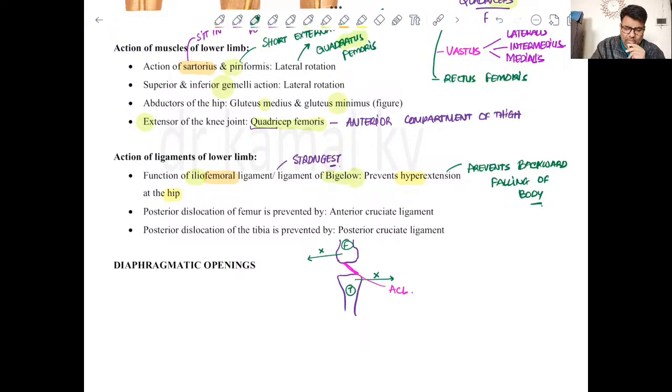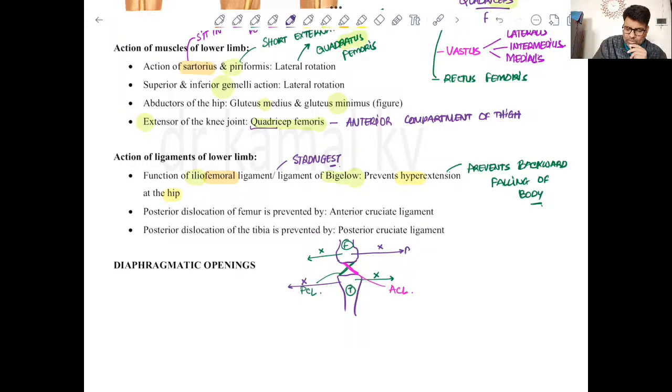Similarly, the other ligament here is the posterior cruciate. So this one is the posterior cruciate, and cruciate because they form an X-like impression. Now posterior cruciate will prevent backward movement of tibia and anterior movement of femur.